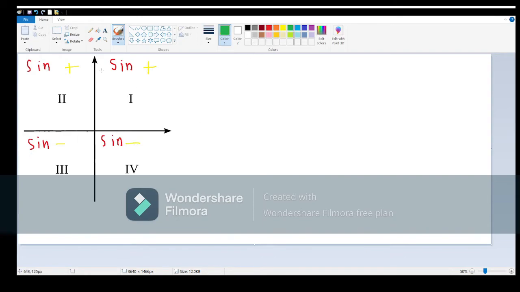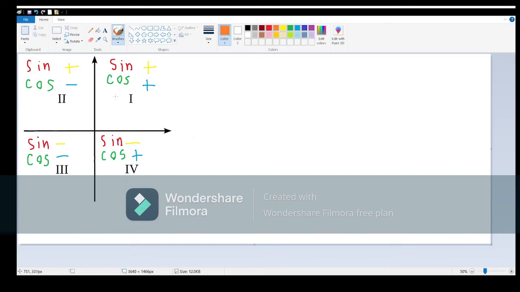Okay, so now we are going to do cos next. Since cos is associated with x, it will be positive on the first and on the fourth, and negative on the second and the third, because it is associated with x, so this side x is positive and that side x is negative.